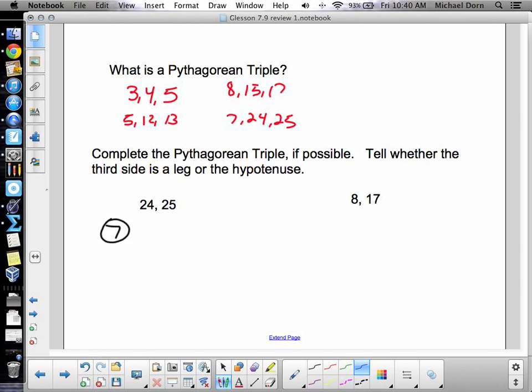Well, my third number is either out here as a hypotenuse or it's one of the legs. I'm not sure. So let's first check to see if it's a hypotenuse. 8 squared plus 17 squared equals c squared. Is that going to give me a whole number? 64 plus 17 squared is, what, 329? So that's 394 equals c squared. That's not a perfect square, is it?